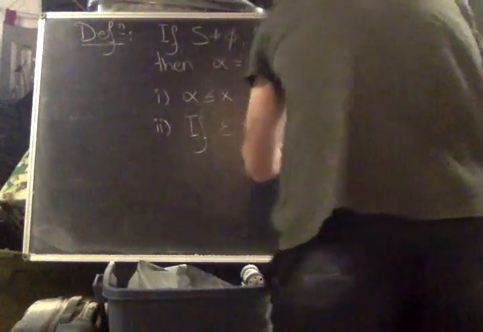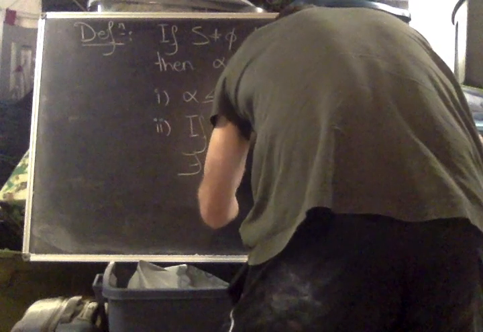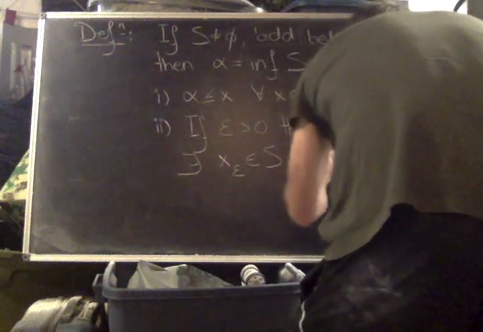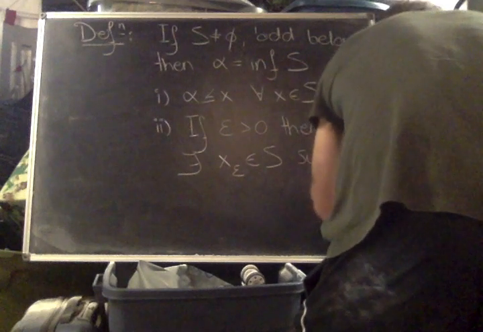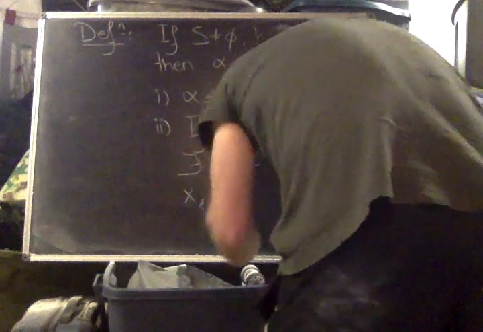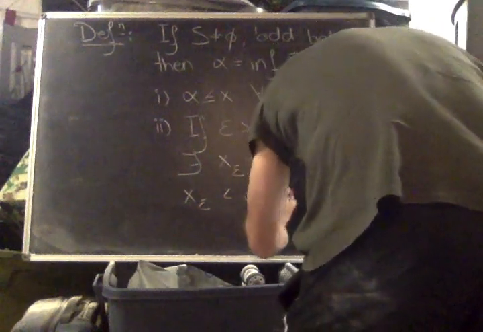If epsilon is greater than 0, then there exists an x sub epsilon in S such that x sub epsilon is less than alpha plus epsilon.